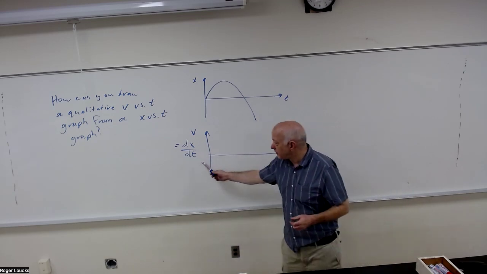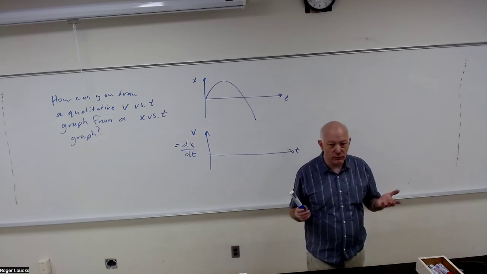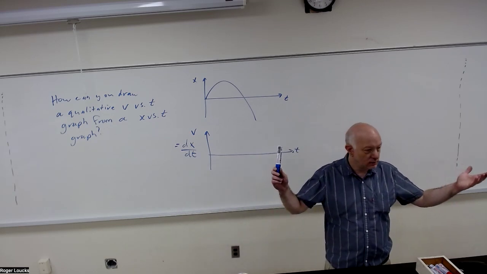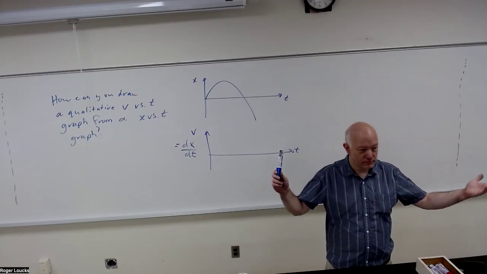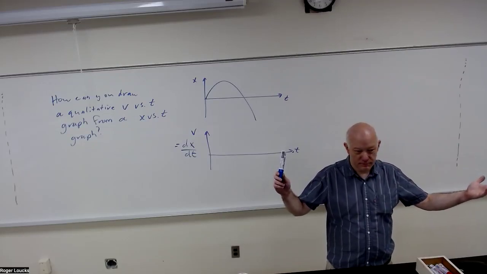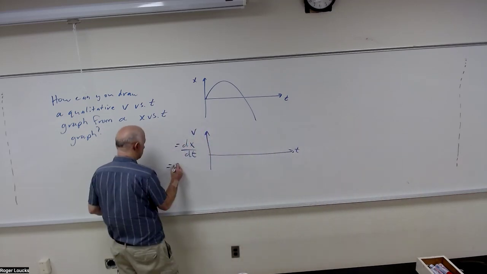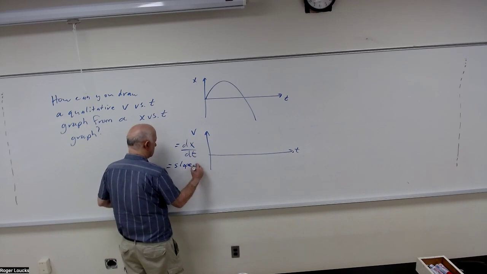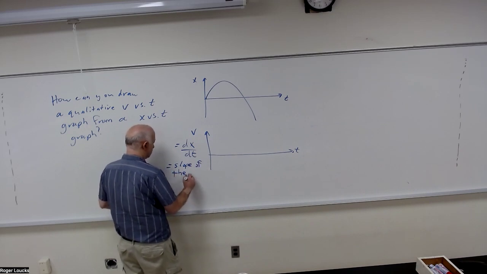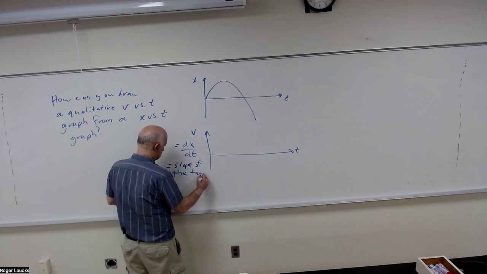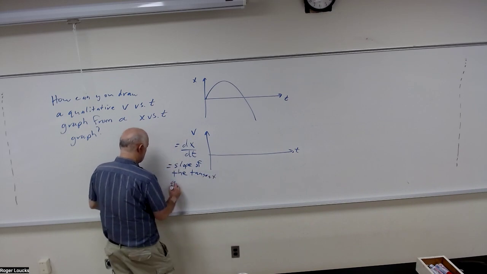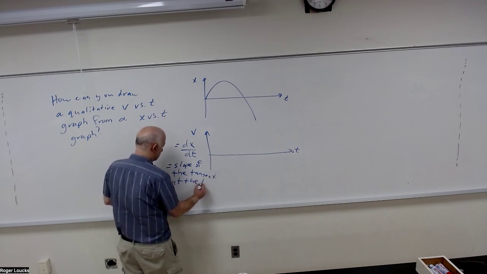But we also know that the derivative is nothing but the slope of the tangent line at a point. So this is nothing but the slope of the tangent line at the time t.